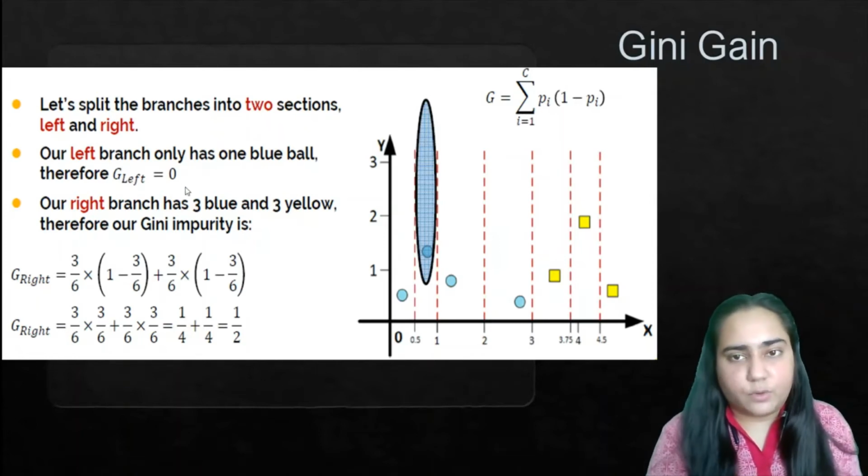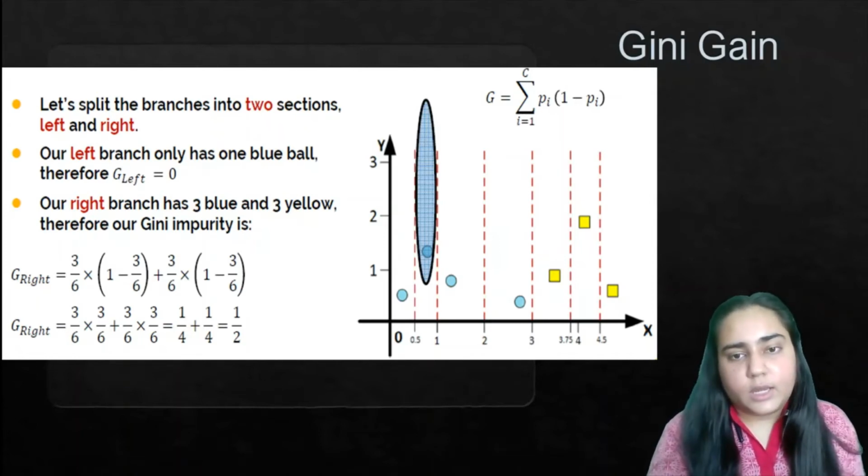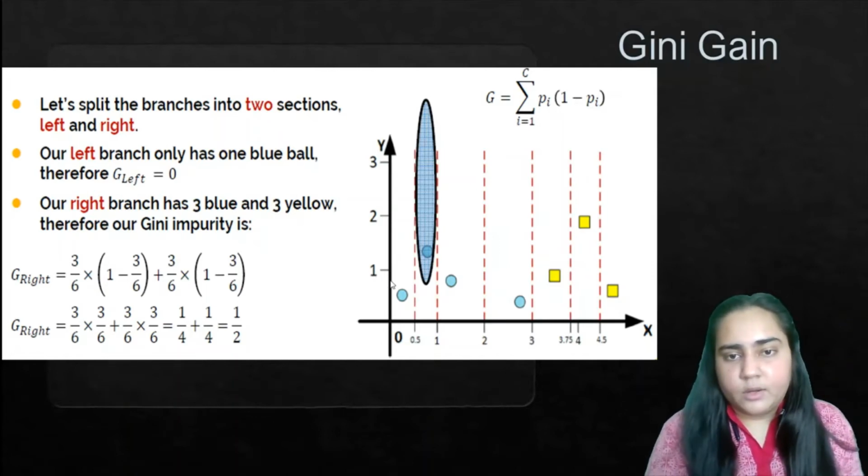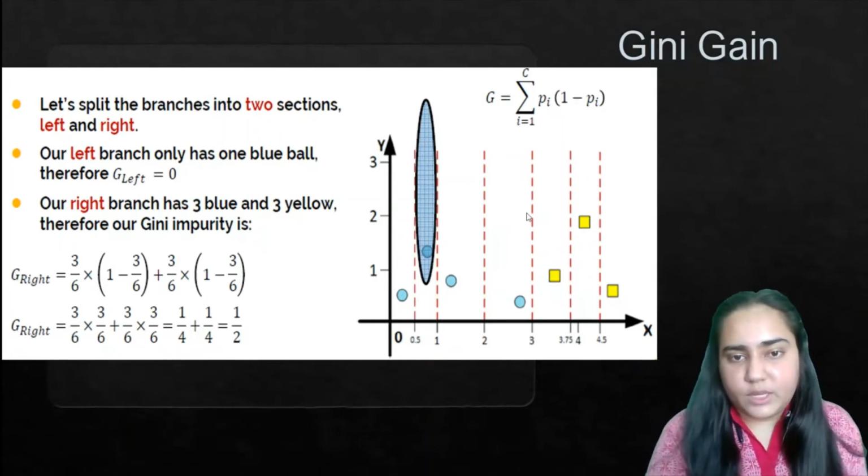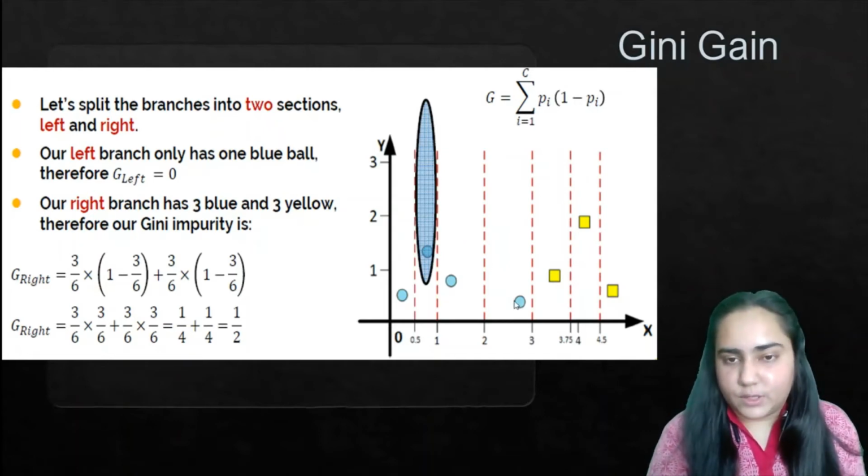G initial was 0.49, and now for the right side. On the right side we have 3 blue circles and 3 yellow squares, sorry.